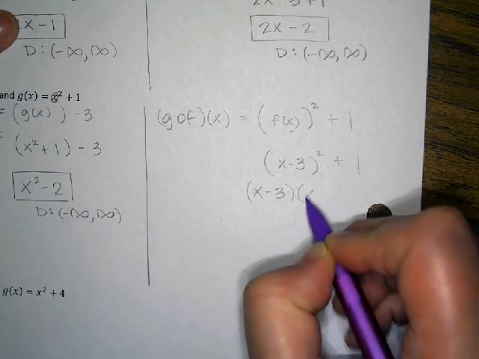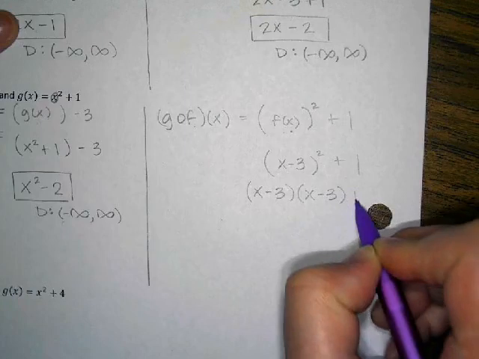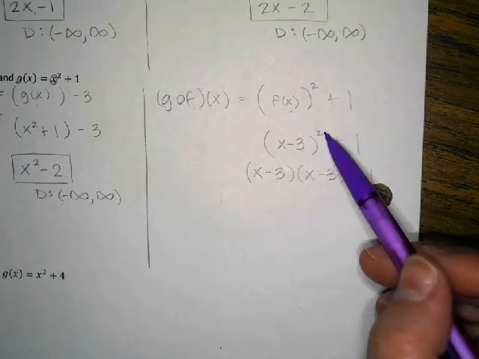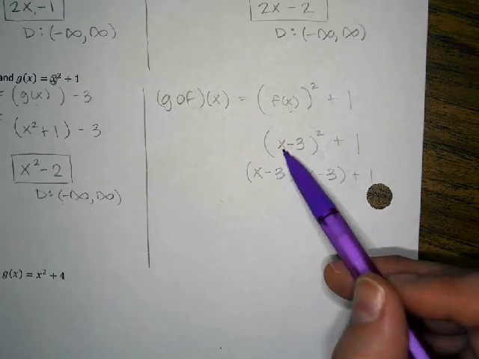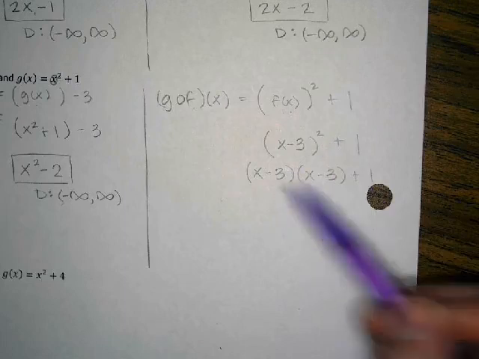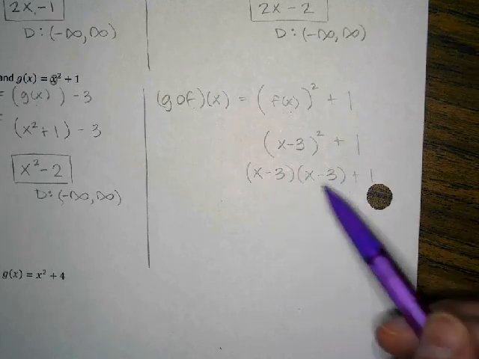And you'll see why as we multiply it out. If you were to distribute this, a lot of students would say this is like x squared plus 9. But as we FOIL this out, you'll see that that's actually not what you get when you multiply it. So if we start to multiply this, we get x times x is x squared.